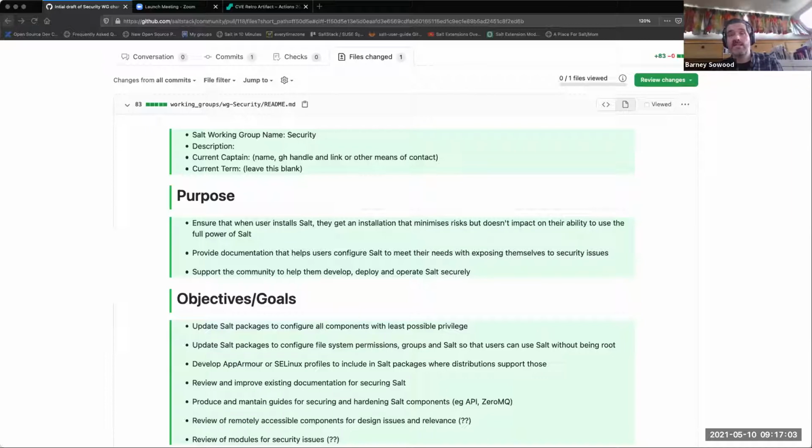One is that there really is no particularly great reason why you can't run the master as a non-root user. And also the master and related processes like Salt API are the processes that are potentially exposed to the network, and also most likely the processes that are going to be attacked, because if you compromise a master, then you have access to all the minions.